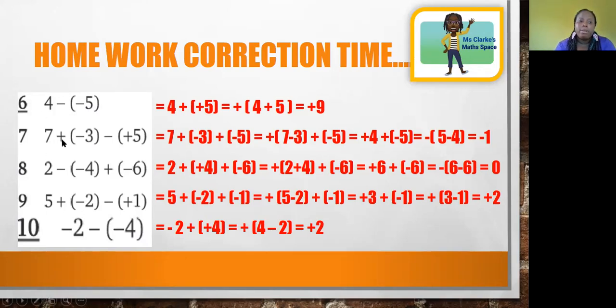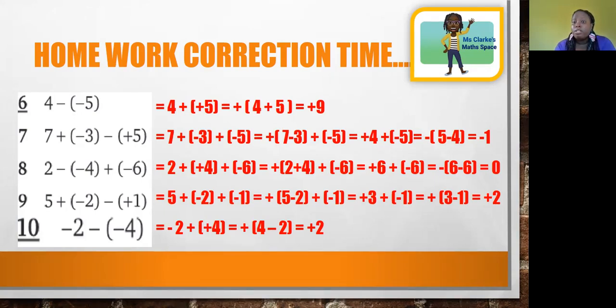We have 7 plus -3 take away +5. So the first thing we want to do is group the first two. So we have 7 plus -3, and then we just add the -5 afterwards. When we have 7 plus -3, we're going to get +4.